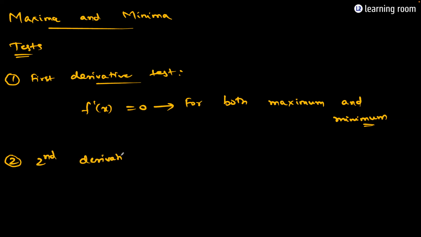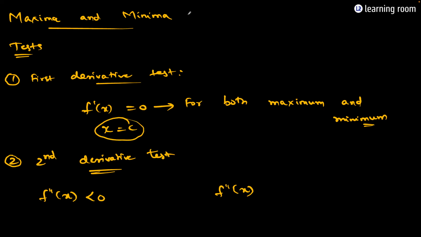second derivative test. So when you do the second derivative test, see, when I do f dash of x is equal to 0 and I get x is equal to c, for instance, then I'll take this f double dash of c.